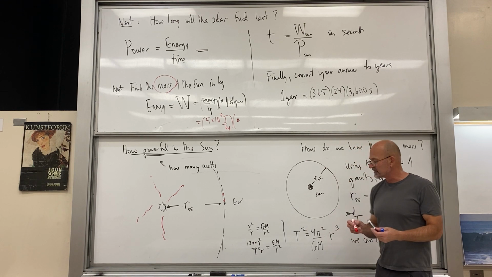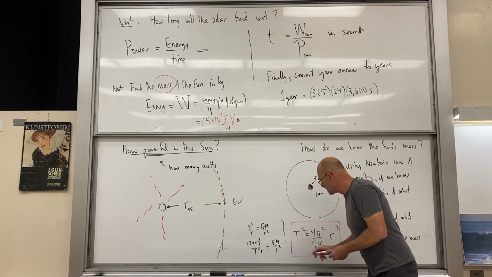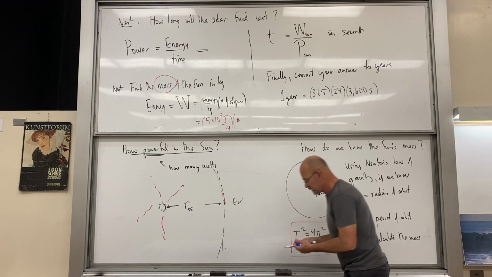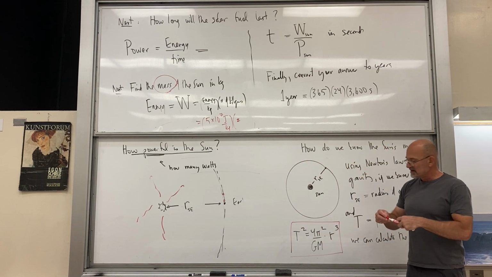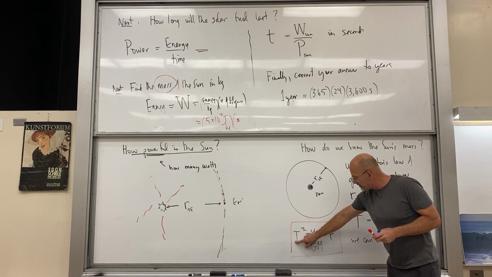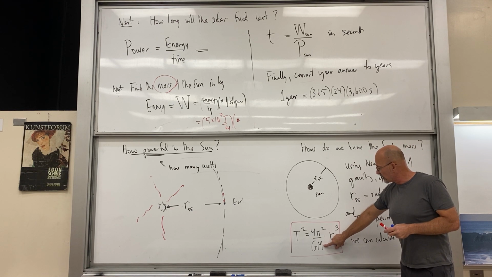This is a version of Kepler's third law. I'm not asking you to calculate these, but this you can take to the bank. This is the time of the orbit. This is the radius of the orbit. This is the mass that we're looking for.